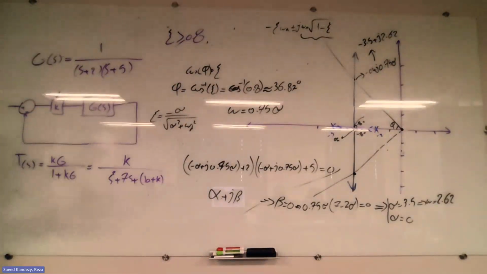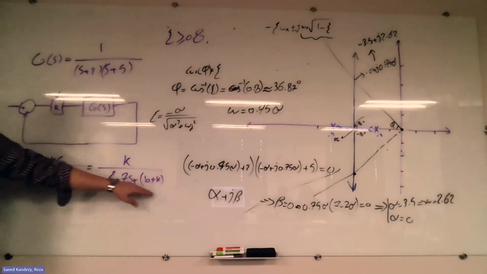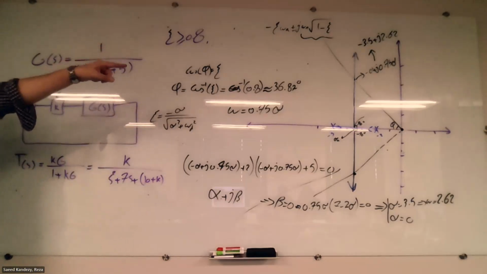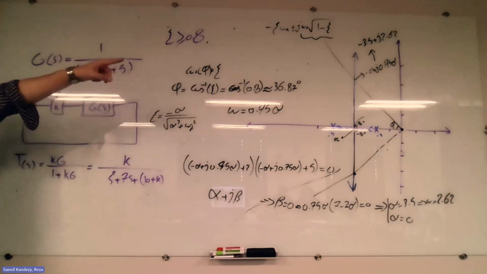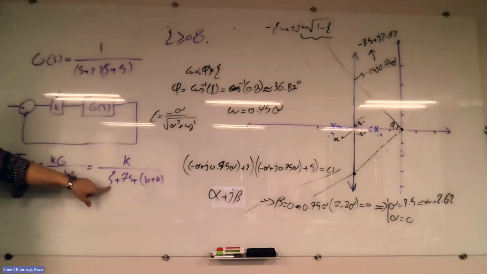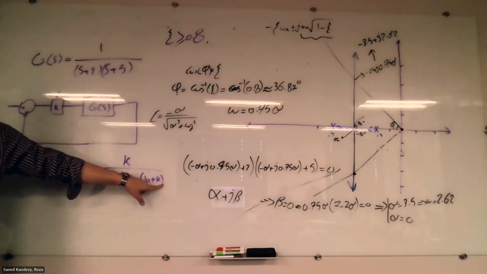Now, I need to find the K that satisfies the pole equal to that number. How can I find it? Again, very easy. This denominator at that point should be 0. I just put the number minus 3.5 plus j 2.62 as s and solve the denominator for the K that makes this 0. We good?